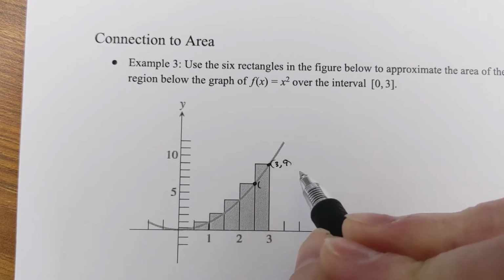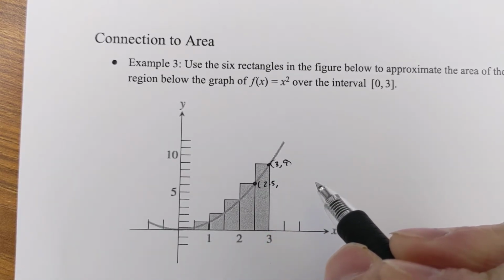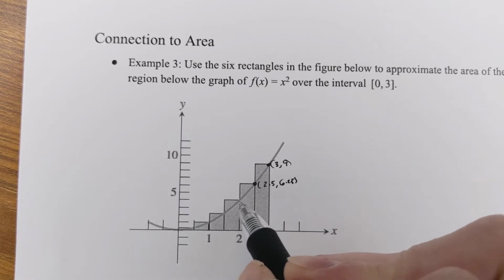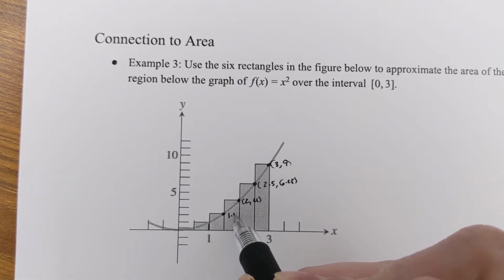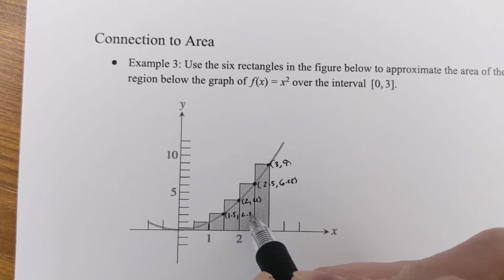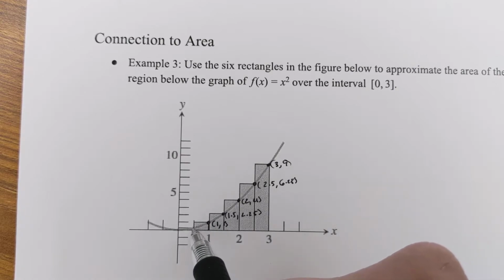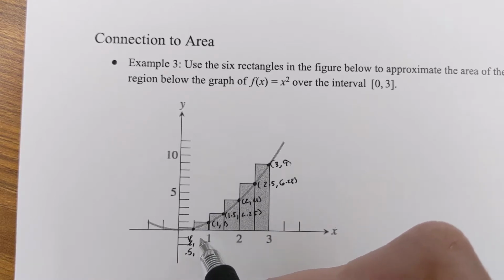This point here is at 2.5, that's going to be 6 1/4, 6.25. This point here is at 2, 4. This is at 1.5, 2.25. This is at 1, 1. This is at 0.5, what's it going to be? 0.25.